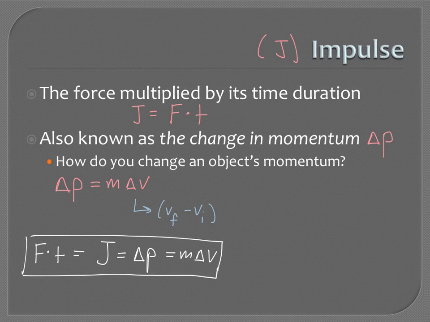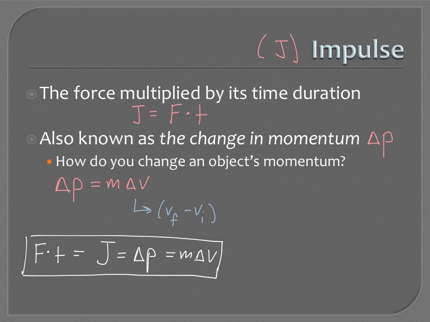When you're solving impulse problems, you're probably going to take 2 out of these 4 and solve for what you're missing. Even though you have 4 different types of quantities here that are all equal to each other, you're most likely going to only use 2 of these when you're solving problems related to impulse.